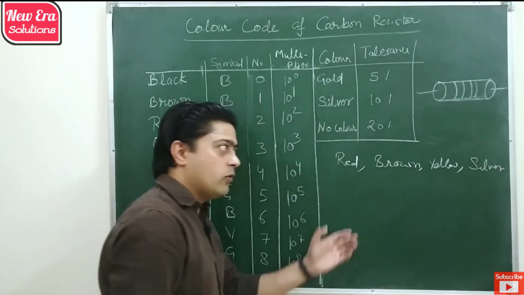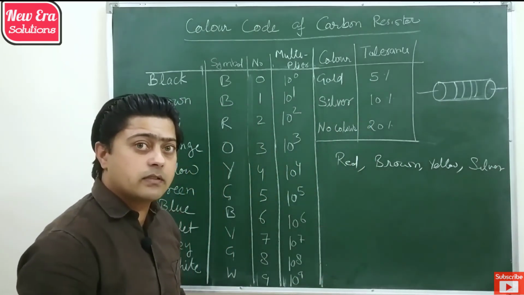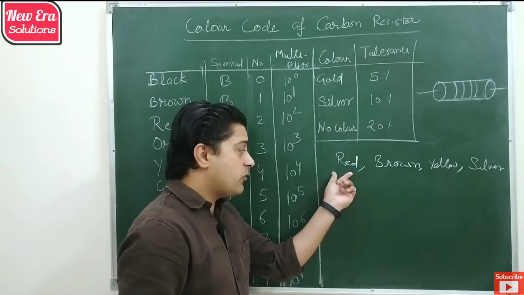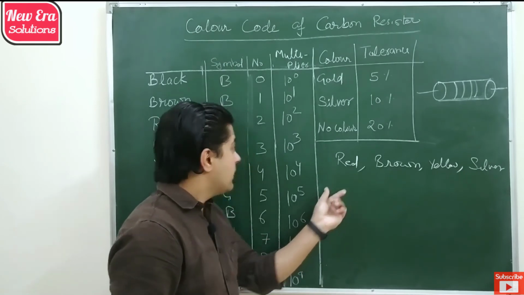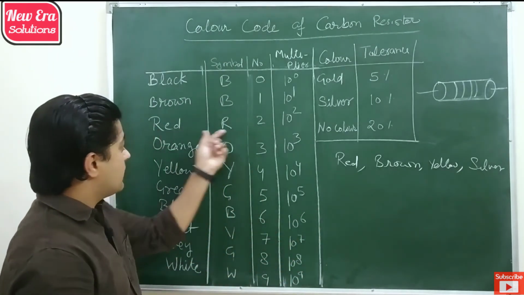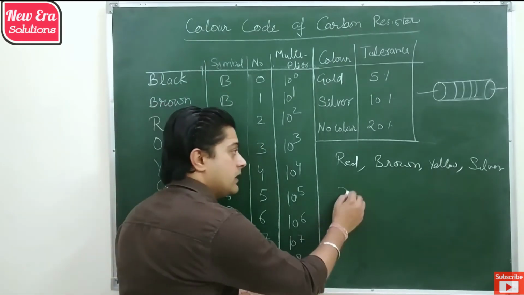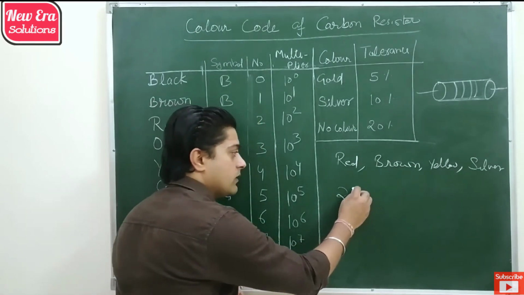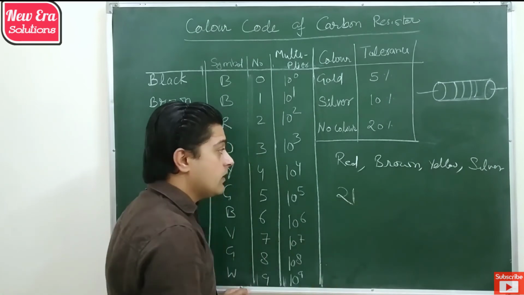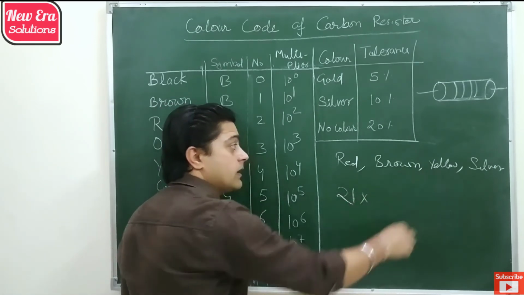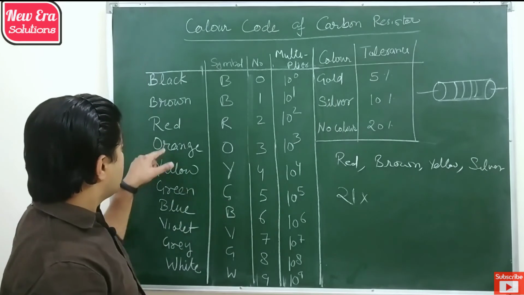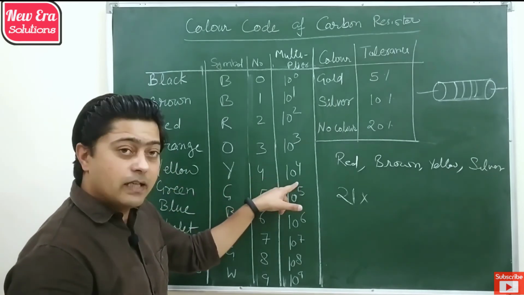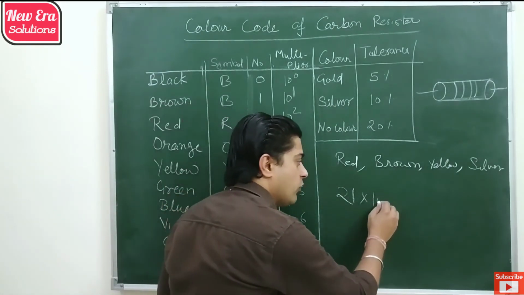So if there are 4 colorful bands on the carbon resistor, in that case the first color red represents the number 2. The brown color represents the number 1. So 2 and 1 become 21. Into the third color represents the multiplier. So yellow means the multiplier is 10 raised to power 4.